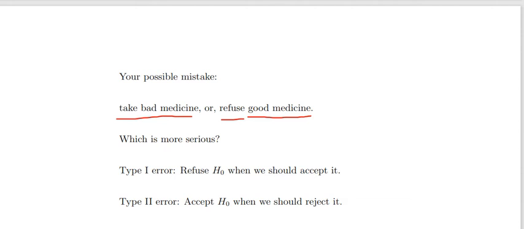We believe their false claim. So which one is more serious?